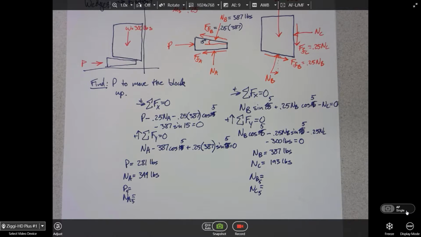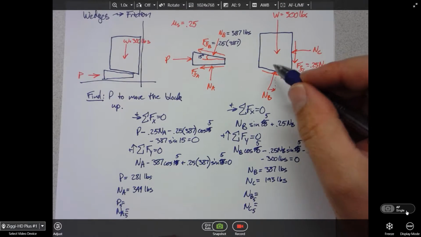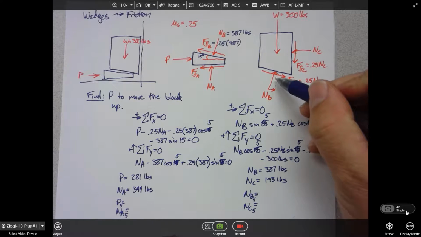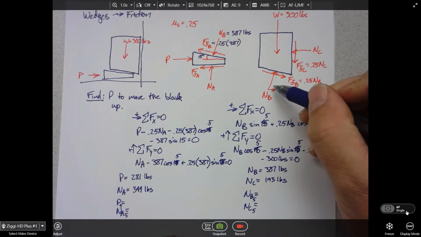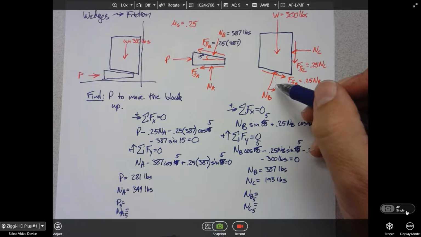Hey, can you explain the triangle trick again with the angles? Yeah, so my triangle trick with the angles is when I look at NB here, I realize that the majority of NB is vertical. And typically, with angles that are less than 45 degrees, the cosine of that angle is going to be larger than the sine, right?